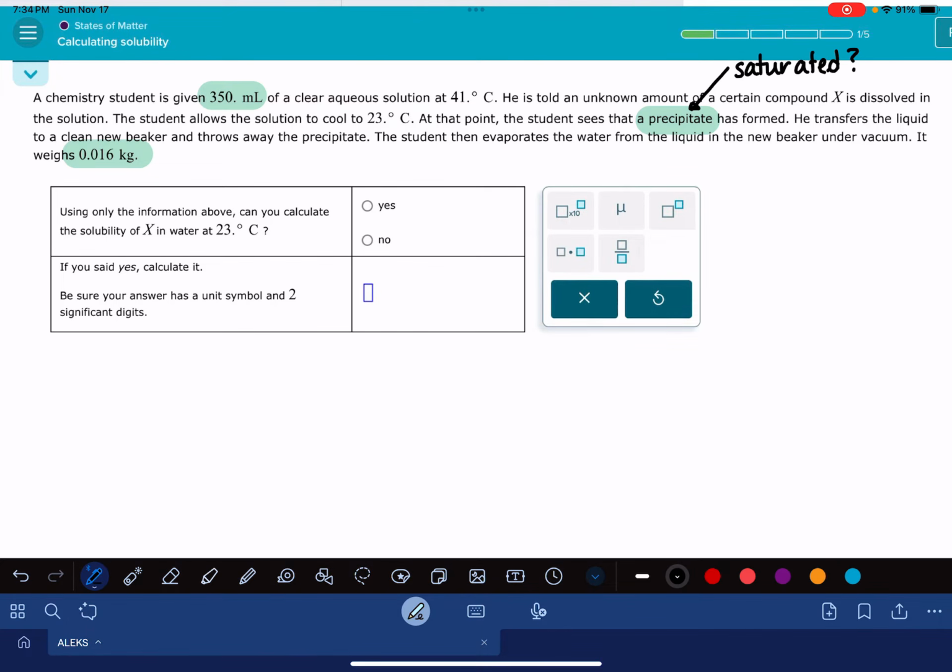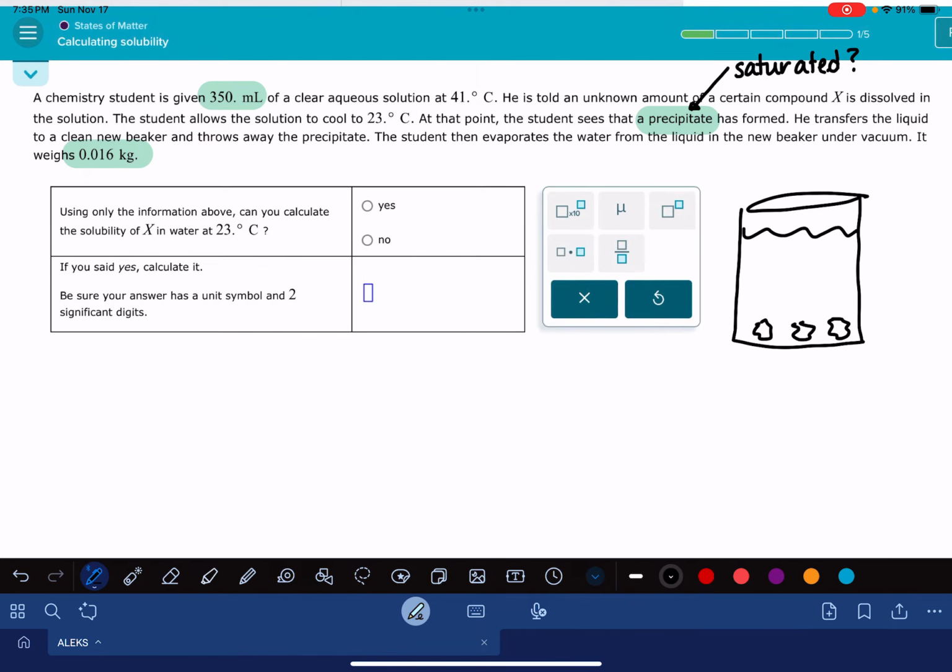But let's try to draw a picture and see what's going on. So we have 350 milliliters of a solution, and that solution is cooled down. A precipitate is formed, so we get that chunky stuff forming down at the bottom, and then that liquid, in this case, yes, this solution is saturated.